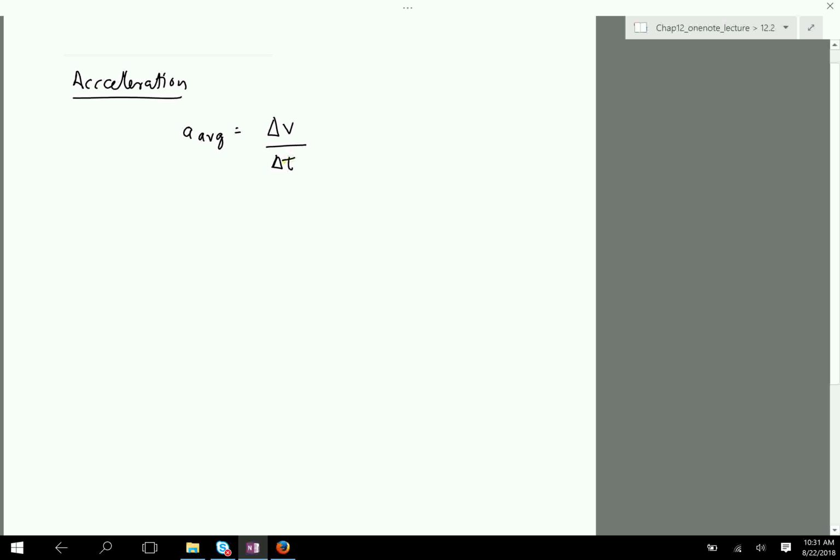And then there is instantaneous velocity, speed is not the right word, and then instantaneous acceleration.